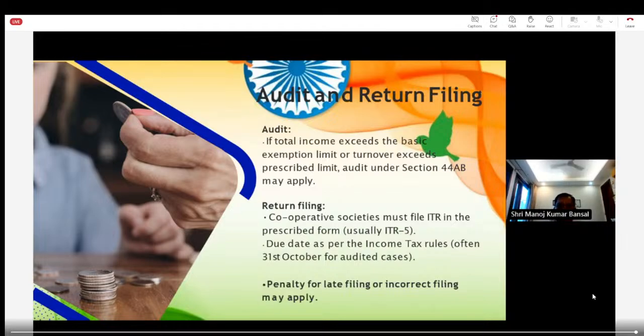Audit and return filing. If total income exceeds the basic exemption limit or turnover exceeds the prescribed limit, audit under section 44AB may apply.